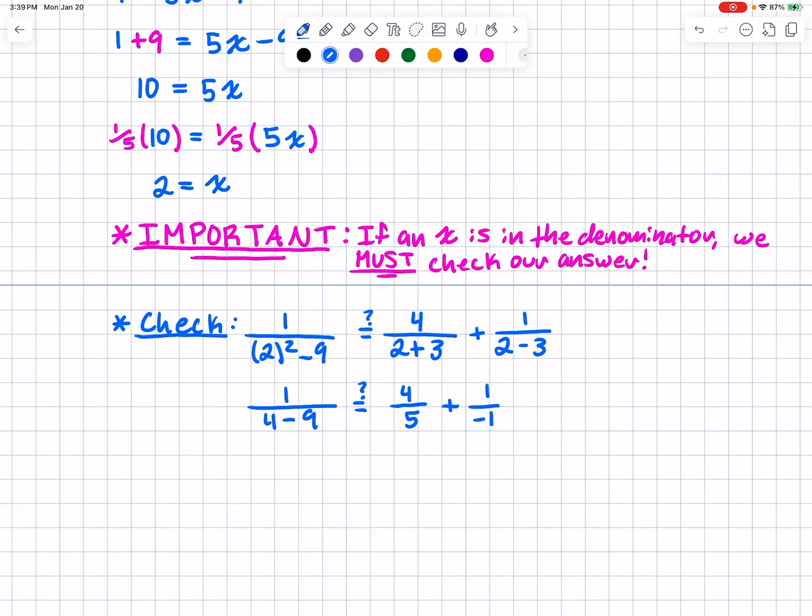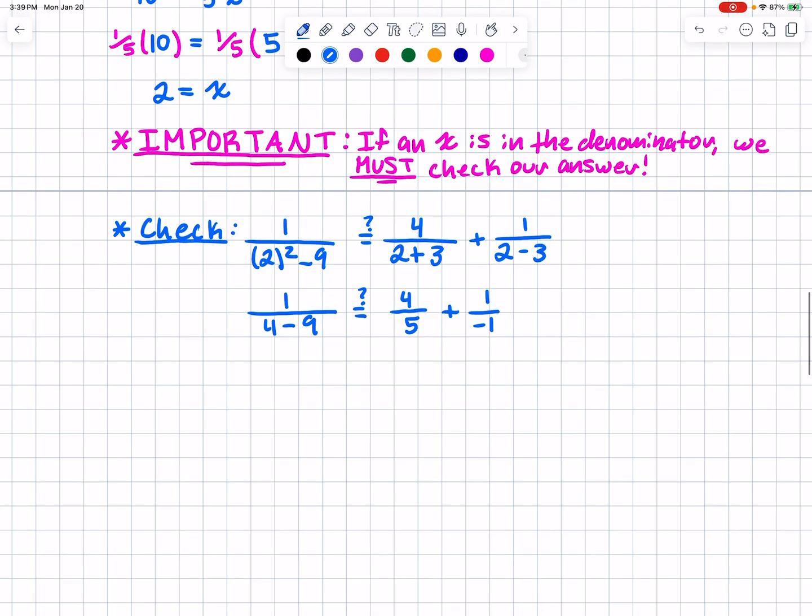So let's keep going and see what we get. So 4 minus 9 is negative 5, so I'm going to get 1 over negative 5. Is that equal to 4 over 5? And then 1 over negative 1 is just minus 1. So is that the same as 4 over 5 minus 1? Well, let's get our negative 1 into a base of 5, so that way we can subtract and see.